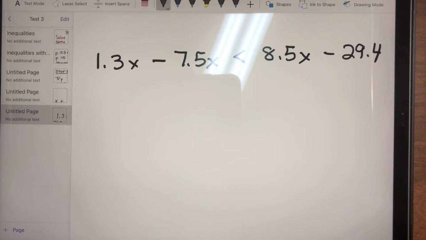So our first step will be, somebody told me this before. You combine like terms, so 1.3x plus negative 7.5x.